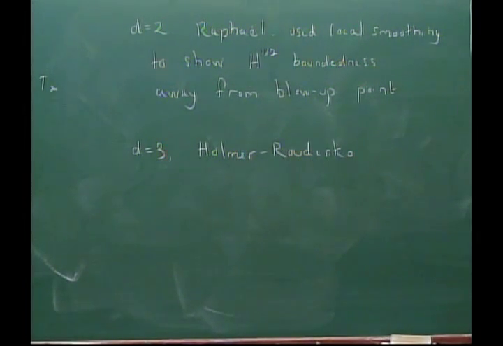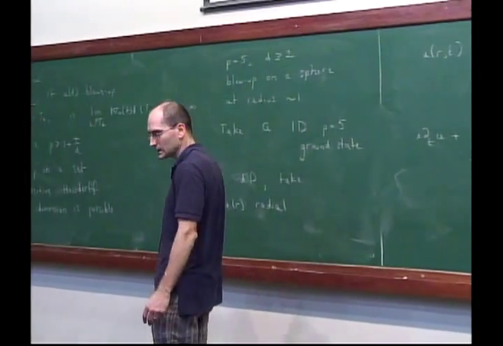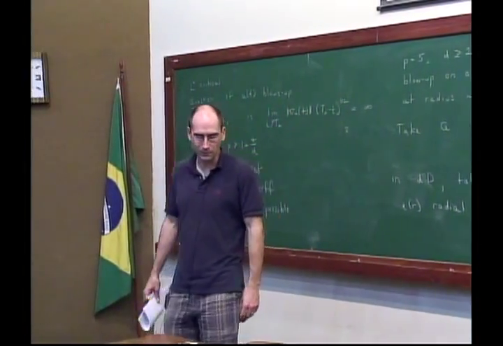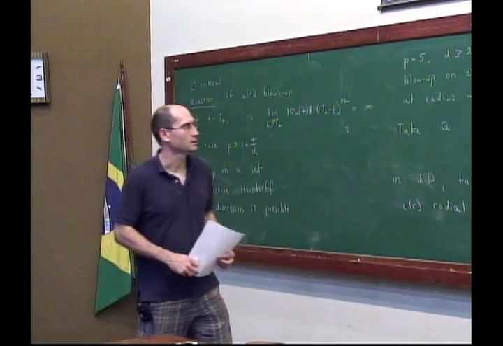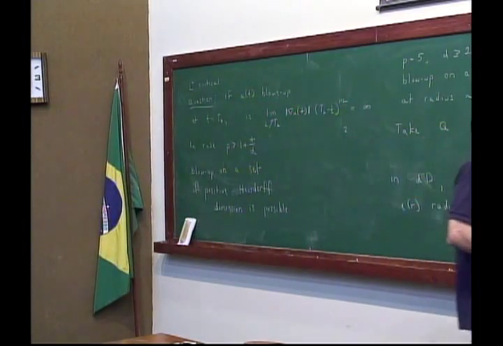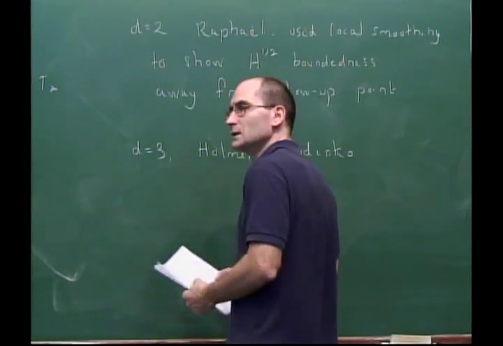So lower frequencies cannot move out of the blow-up core too fast, and so those were automatically controlled by finite speed of propagation. All right, so a different machinery was necessary to do it in 3 dimensions.